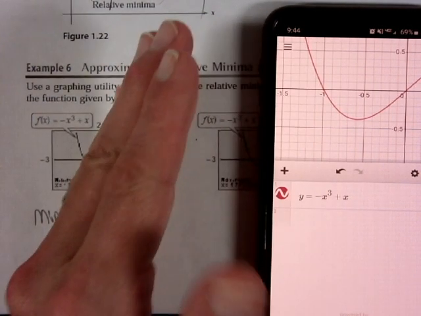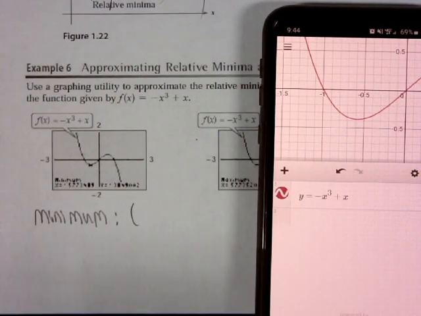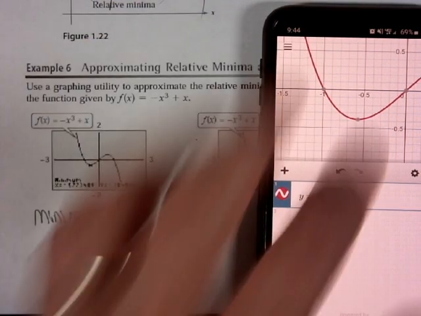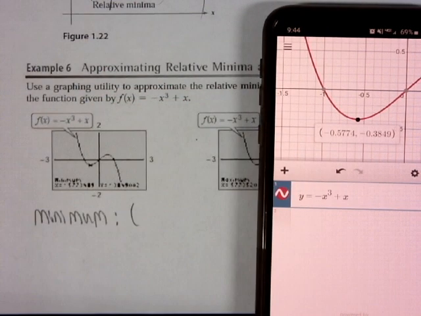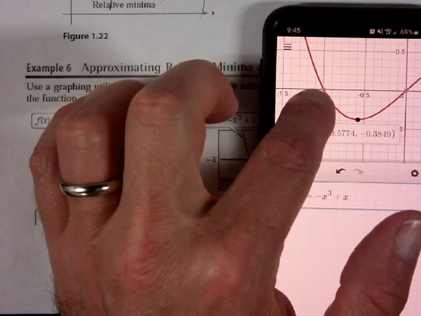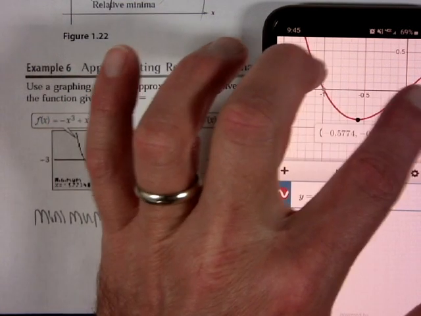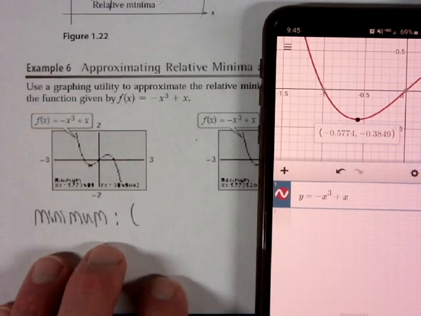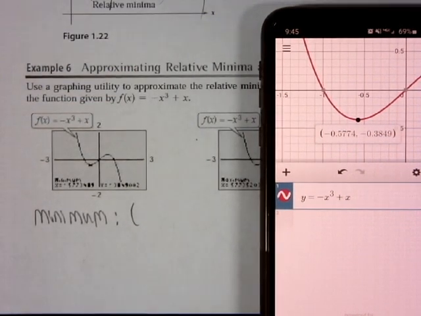Now, on the calculators in class, you have to go in and establish the interval and then let it search for it and find it. But on this, all you really have to do is touch on where you think the relative minimum is, and it gives it to you. This calculator knows that he probably wants either the minimum or the y-intercepts or the x-intercepts. So those points automatically pop up for you, and if you want to know their coordinates, all you have to do is touch the point, and it will pull it up for you.